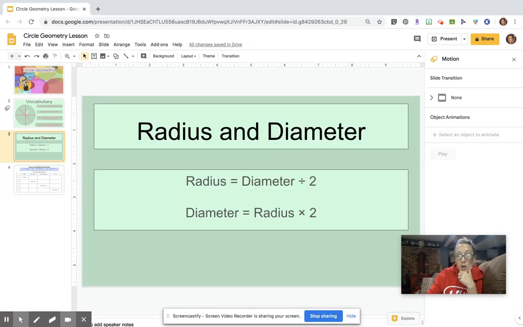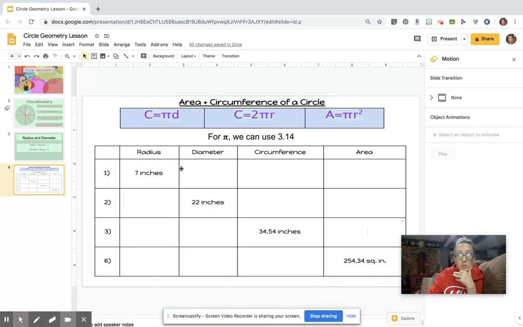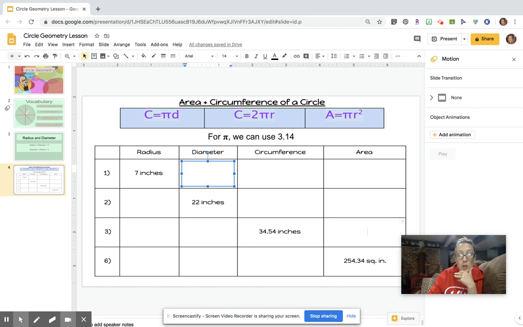Diameter is radius times 2, okay? So if 7 is our radius, then our diameter must be 14 inches, because it's just the radius times 2. These are probably going to be your easier ones, where you're going from radius to diameter.